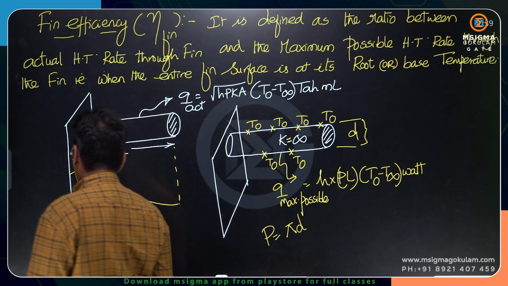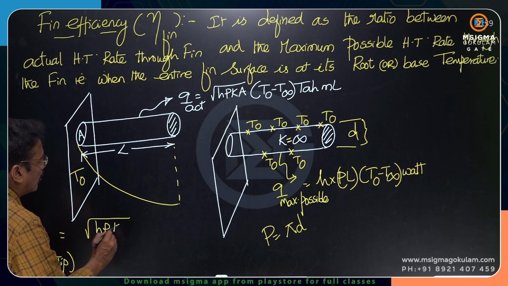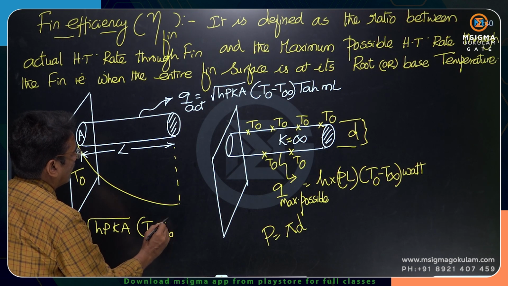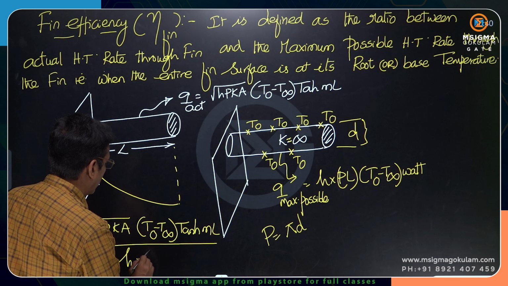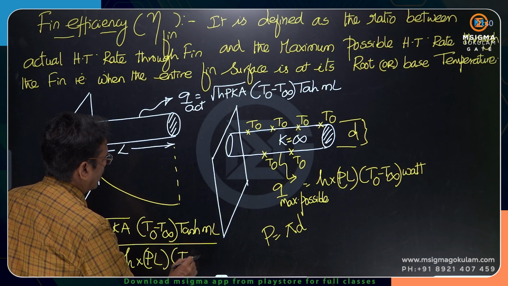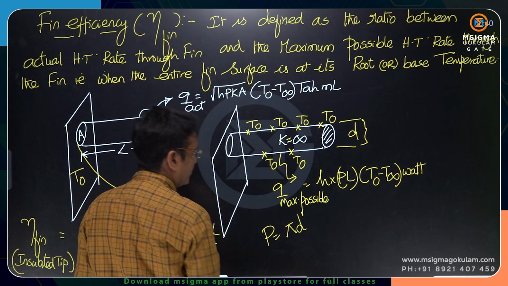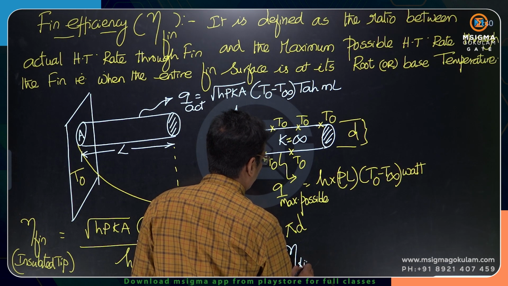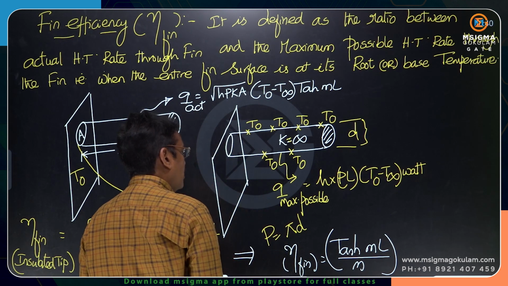Therefore, the formula for the fin efficiency for the insulated tip case, Q actual divided by maximum possible, will result in the efficiency of the fin being tanh(mL) by mL.